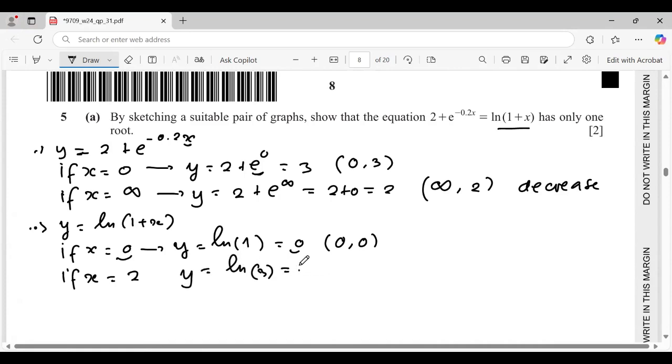Ln 3 is 1.1. So the coordinate point is (2, 1.1). From 0 to 2, from this coordinate point to this coordinate point, we can state that this graph is always increasing.